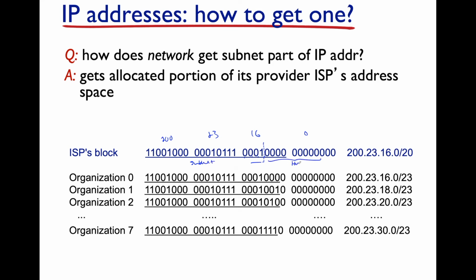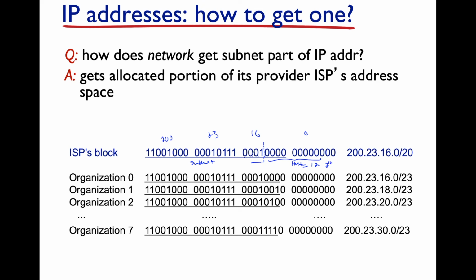If the subnet mask is the uppermost 20 bits, that means the host part, 32 minus 20, is 12 bits. So that means this internet service provider can have a total of 2 to the 12 machines on their network.